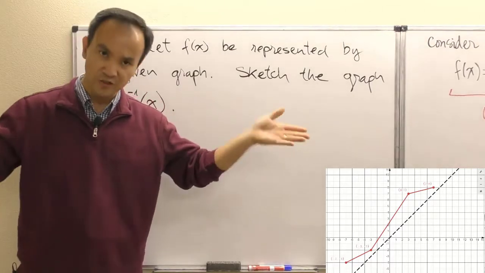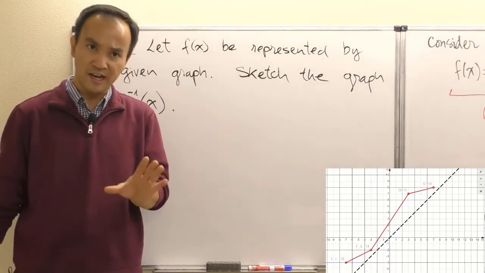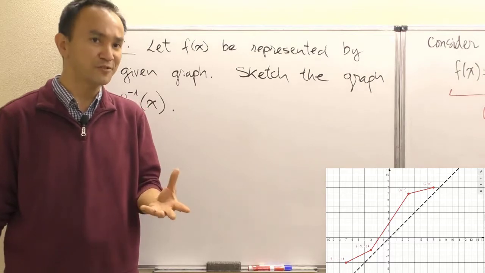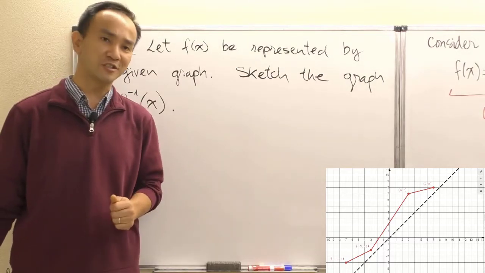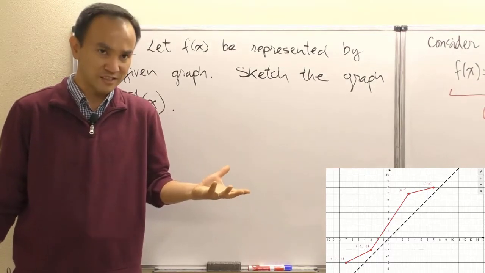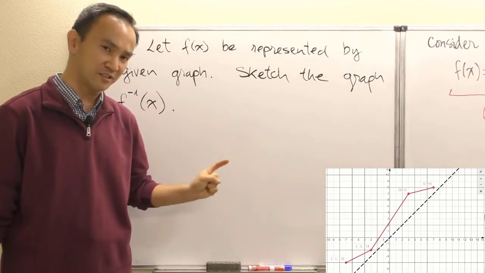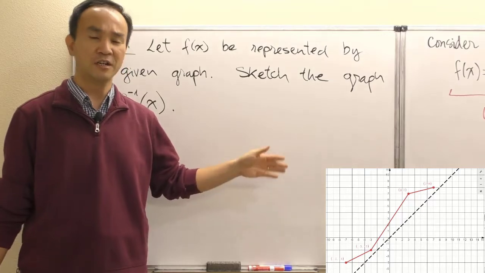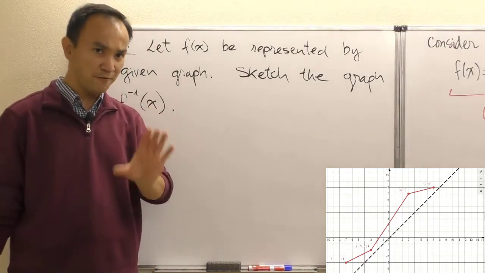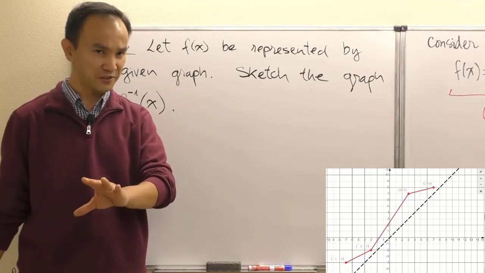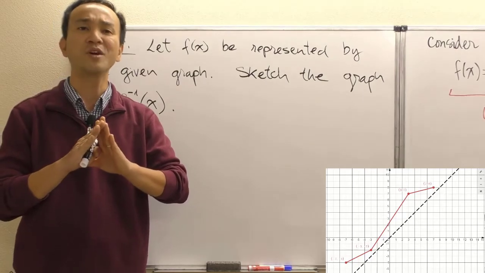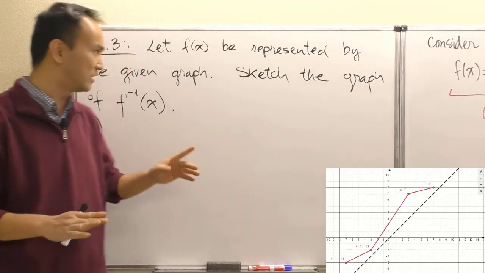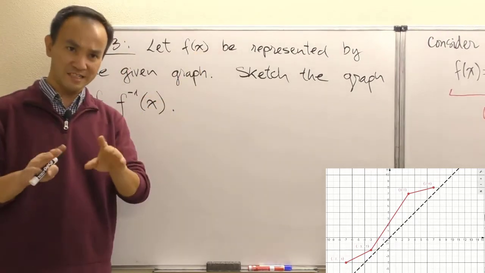Some technology provided me that graph, and this kind of problem still exists quite often in our standard math textbooks. We have a graph given, which is the graph of the original function f of x, and we want to go from that graph and sketch the graph of the inverse function, working completely without knowing the actual rule of f of x. That's the idea right there.